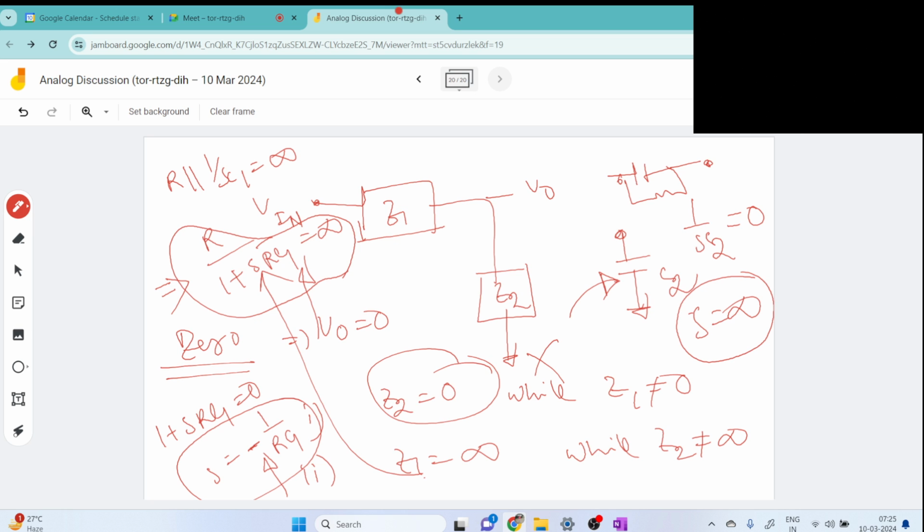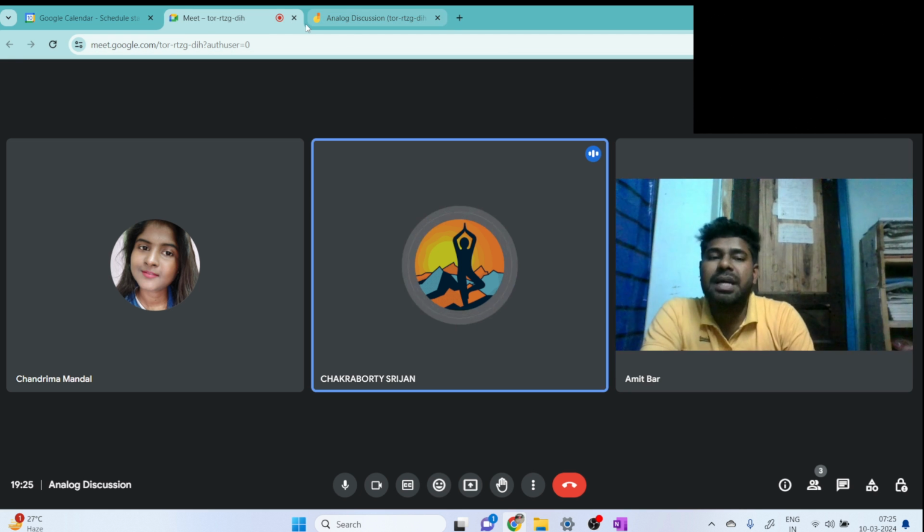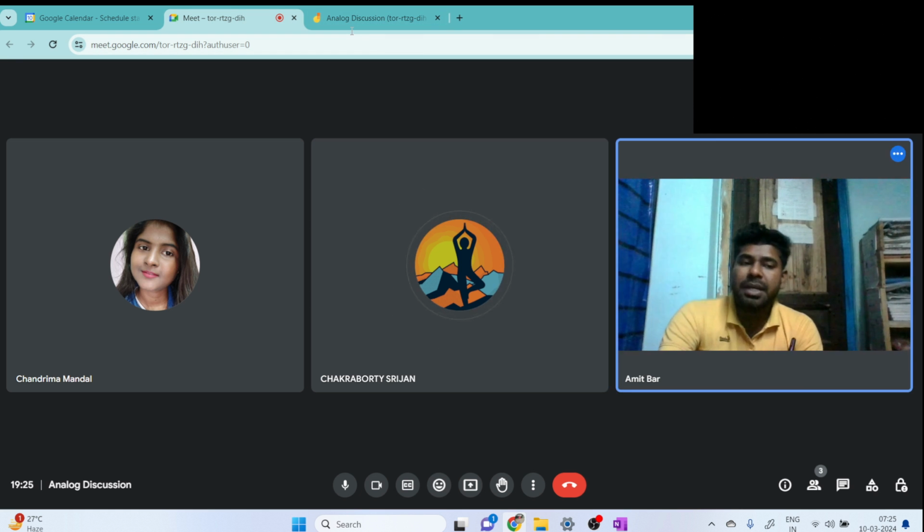But if we go to an active circuit, like transconductor level or MOSFET level, then the problem comes. For a passive circuit, all of these poles and zeros must be in the left half plane, but for active circuits the pole can be in the right half plane, and the zero can be in the right half plane, while for a real circuit the pole must be in the left half plane.